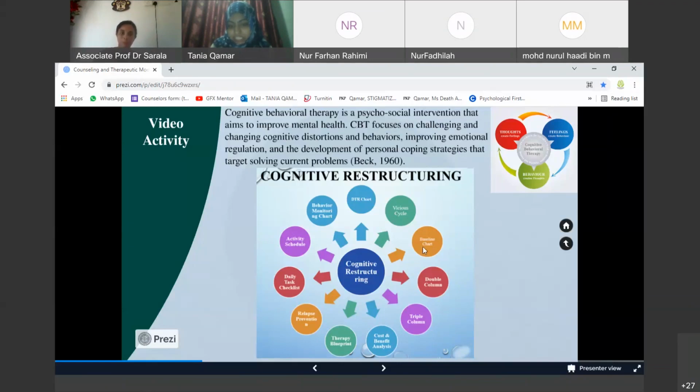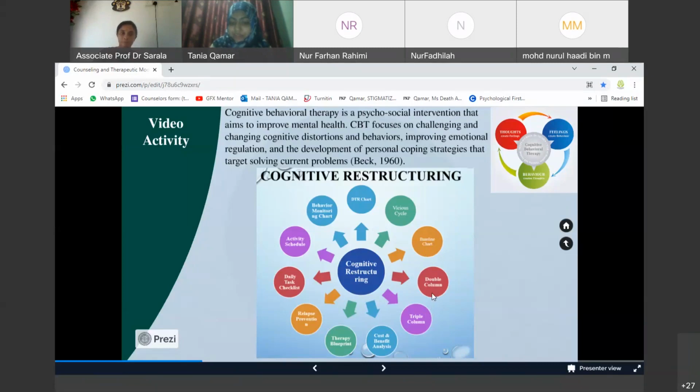The baseline chart we use with patients as a homework assignment: what happened in the previous week, and then he writes his emotions and feelings, rates them with that event, and how he solved his problems by himself. After that we use the double column technique and triple column technique.